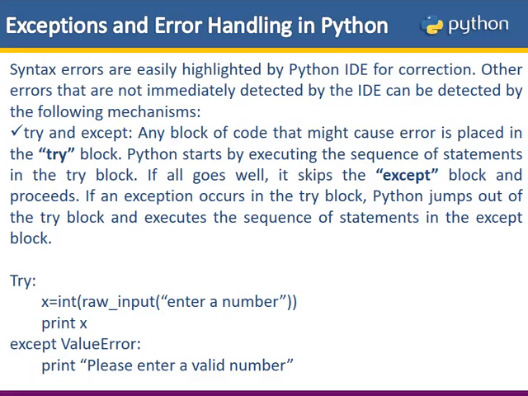So how does try and except work? Python tries to run the code inside the try block, and we'll see it from the example here. If no error occurs in the try block, the except block is skipped.